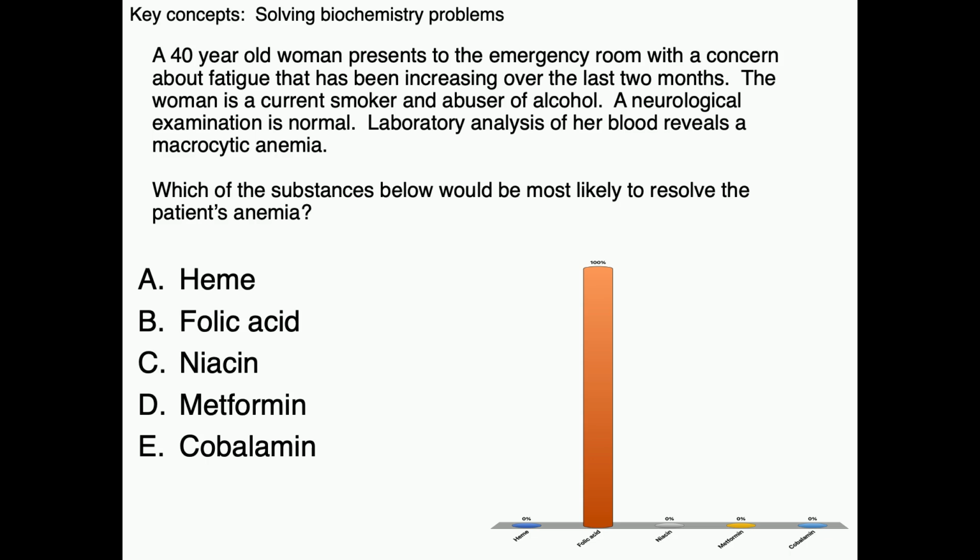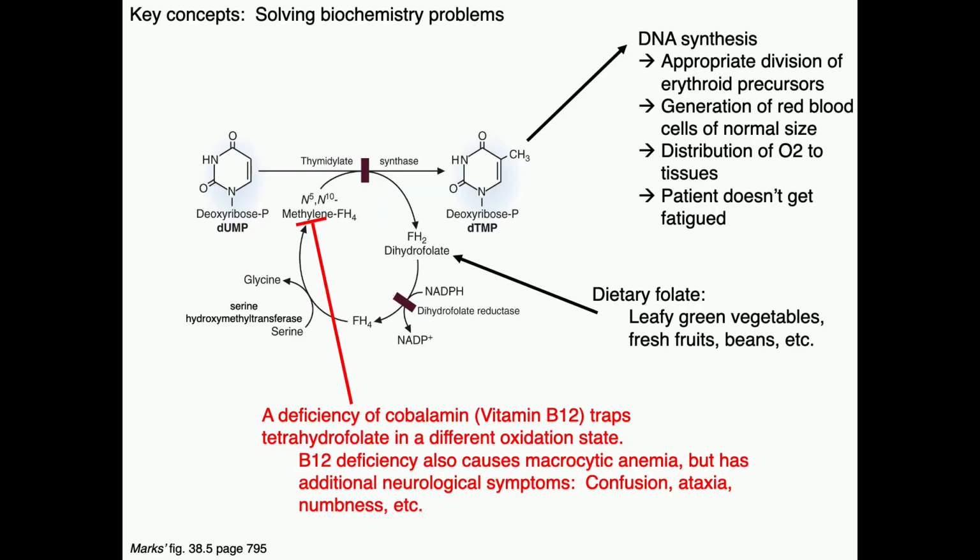With vitamin B12 deficiency, you get the macrocytic anemia, but you also get additional neurological symptoms that are associated with lack of neurotransmitter synthesis, for example. Vitamin B12 deficiency causes a functional folic acid deficiency, so the metabolism of those two is tightly intertwined.